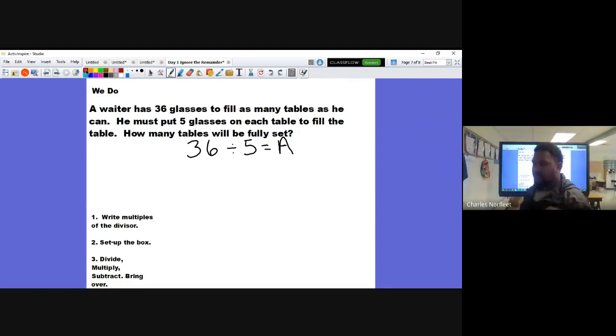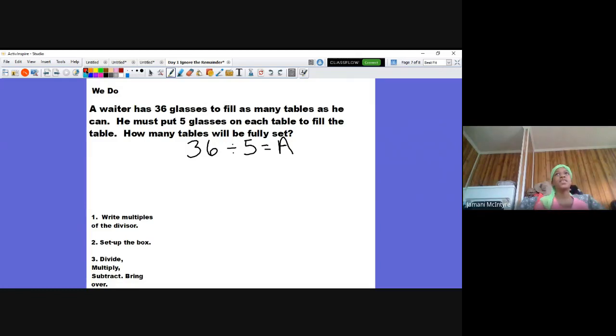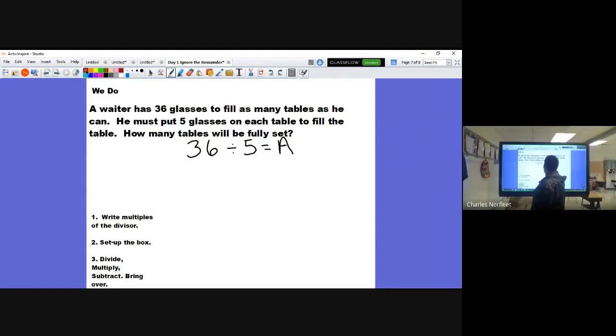Divisor. Okay, which one is the divisor? The 5. Good job, Jamani. So the 5 is the divisor, the number we're divided by, or the number of groups. All right, what is that 36, Jamani? You remember that other word? And it's okay if you don't remember how to say it.